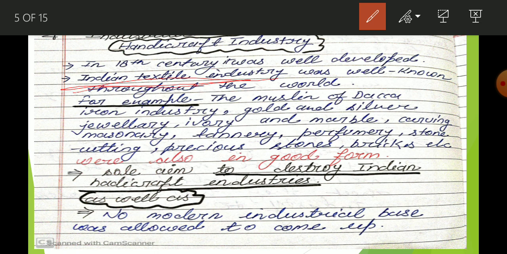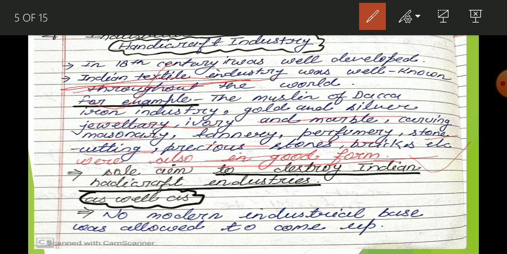And other fields were also in good condition, like I have written some examples: iron industry, gold and silver jewelry, tannery, perfume, stone cutting, precious stones, bricks. In these fields also we were good. In this way, before the Britishers, our industrial sector was in good condition.